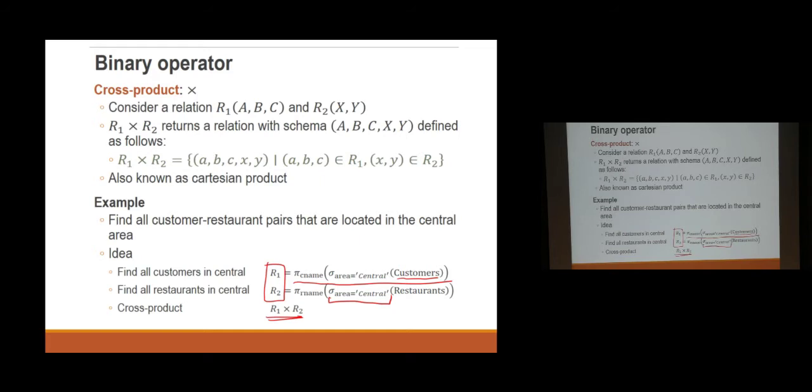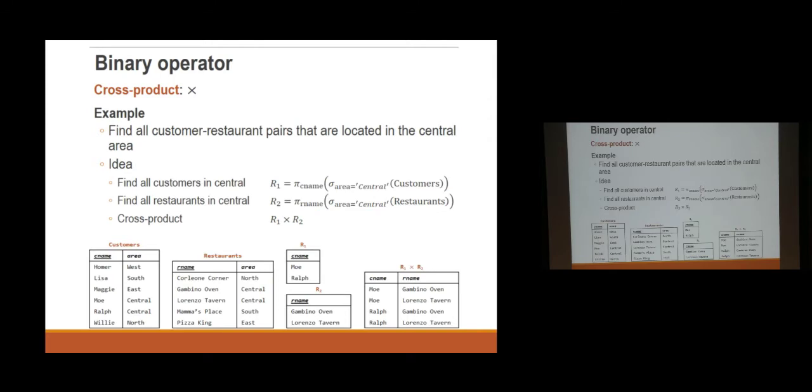The problem with the cross product is that if you think about it logically, this table is going to be very, very big. The number of elements here is the number of elements in R1 multiplied by the number of elements in R2. Okay? Luckily for us, this one is actually pretty small, but you get what it is.